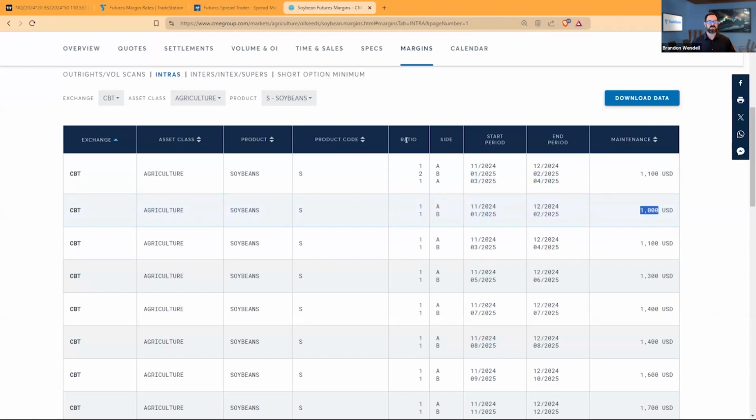You'll see it says ratio and side. A can be a buy or a sell, long or short. B is just the opposite. That's all. So you'll notice some of these are a little different. This one is a soybean spread, and it's a ratio of 1:1 ABA. Anybody know what that one might be?